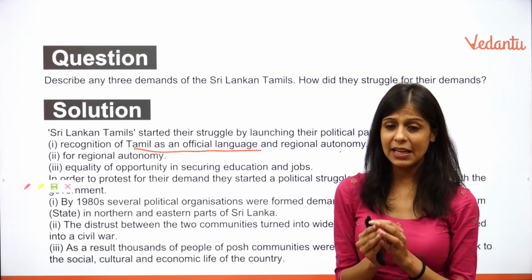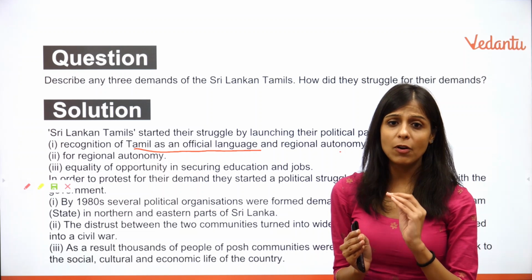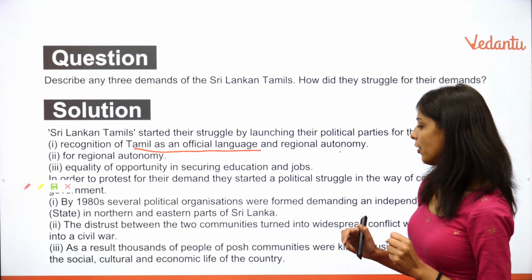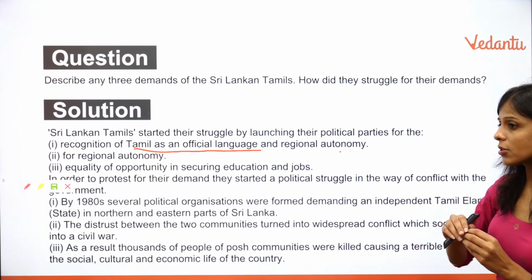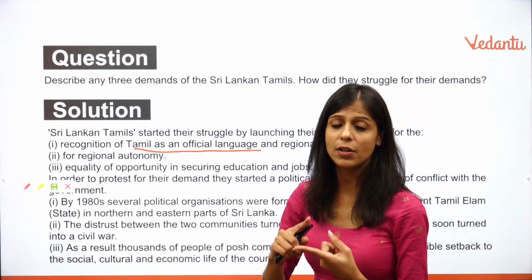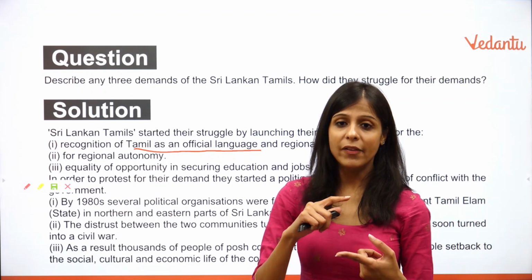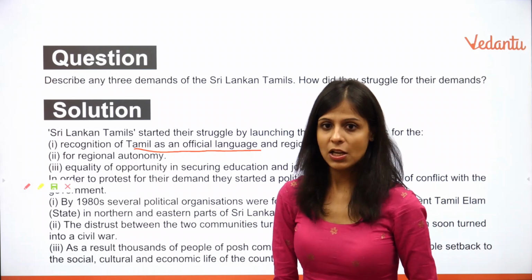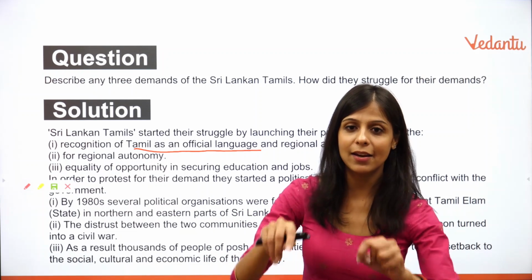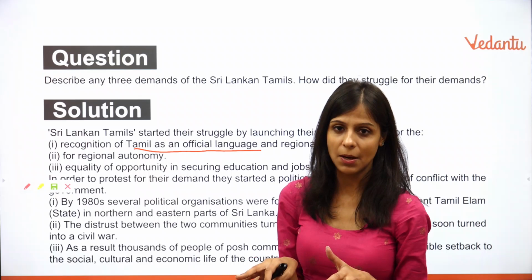So you can see in this case that people of both communities were killed. That caused a terrible setback. Whenever there's a war, there's a terrible setback. Even if you and your brother start fighting, what's going to be the end result? Everybody in the house is going to get upset because of that.